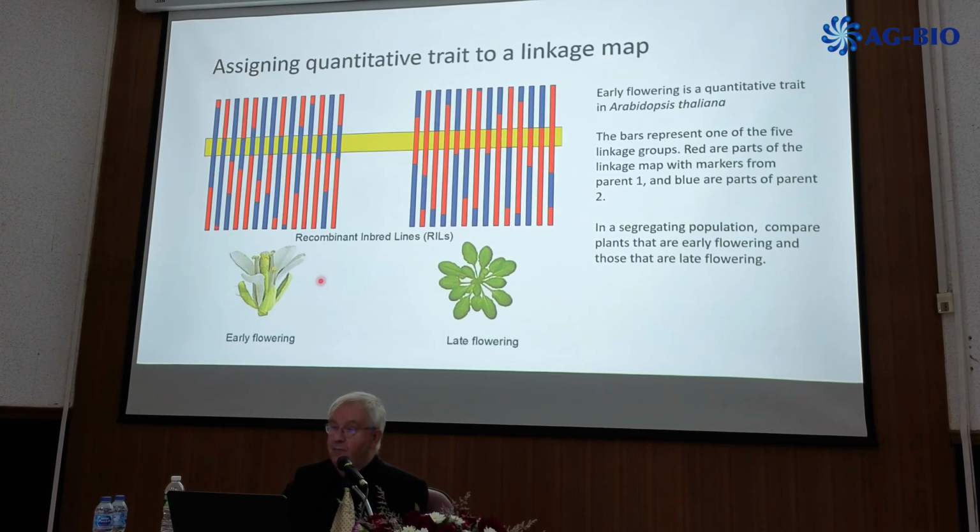Now, very simple. How can we find a quantitative trait locus? If you take Arabidopsis as an example, one is early flowering, the other is late flowering. For rice, you can do the same, and so forth.